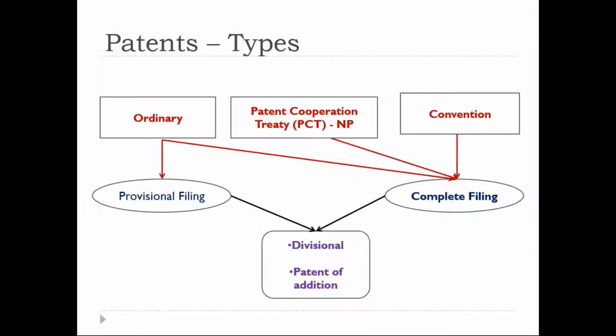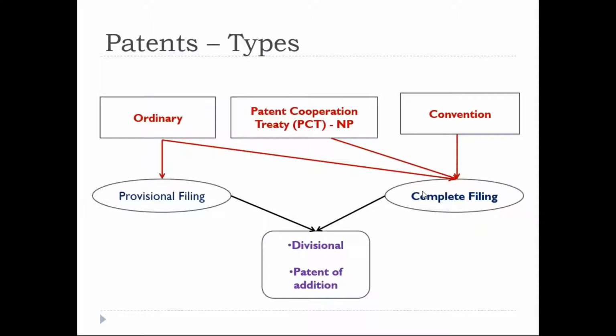First thing, that is the ordinary application, right? What are the ordinary applications involved? What are the ordinary applications available in India? This is very particular to the Indian regime, right?